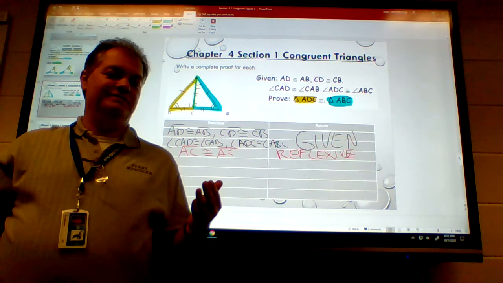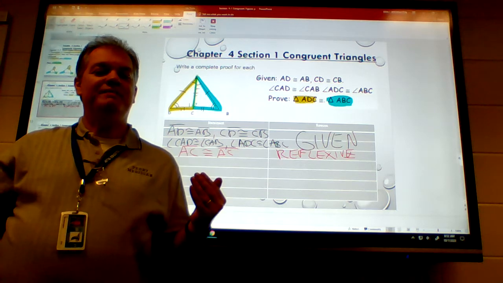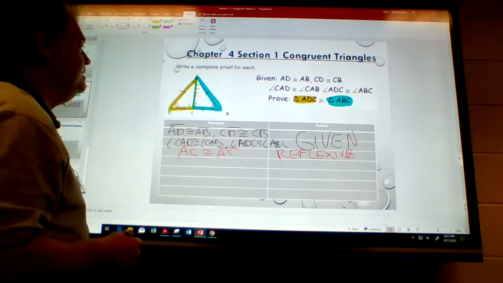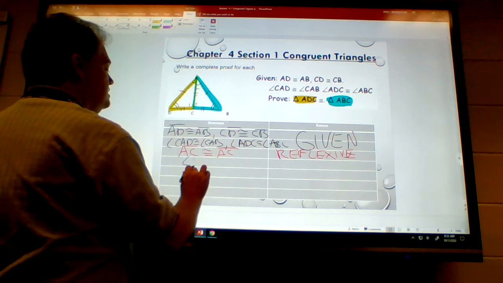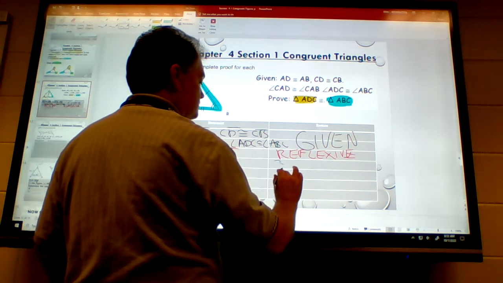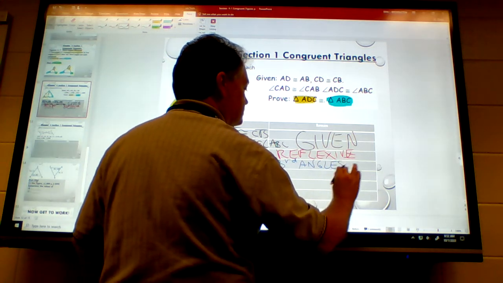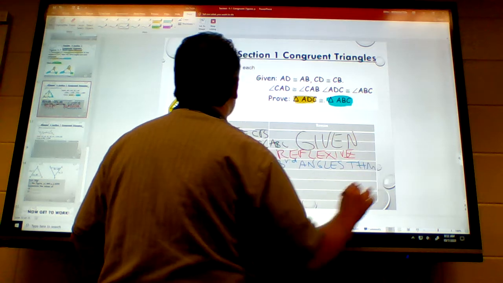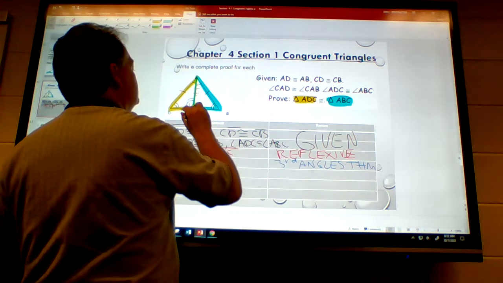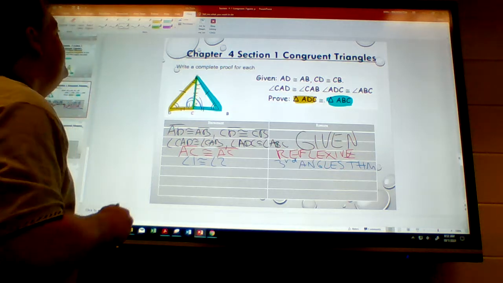Now, on a homework quiz it'll be different, but if you ever had a paper test or something, you'd want to do that. So I have that angle 1 is congruent to angle 2 by the third angles theorem. All right, so now I have 3 pairs of congruent angles and 3 pairs of congruent sides.